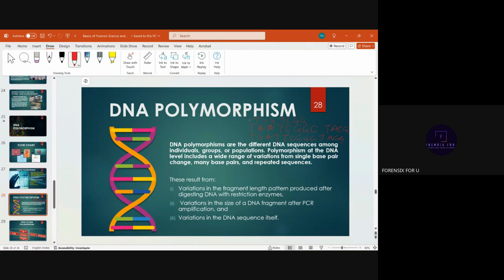So even one single nucleotide change can result in multiple forms of these genes. If a gene has, say, 10 base pairs, the number of forms in which it can be present is exponential, 10 to the power of 10. Right? So that is how polymorphism works.